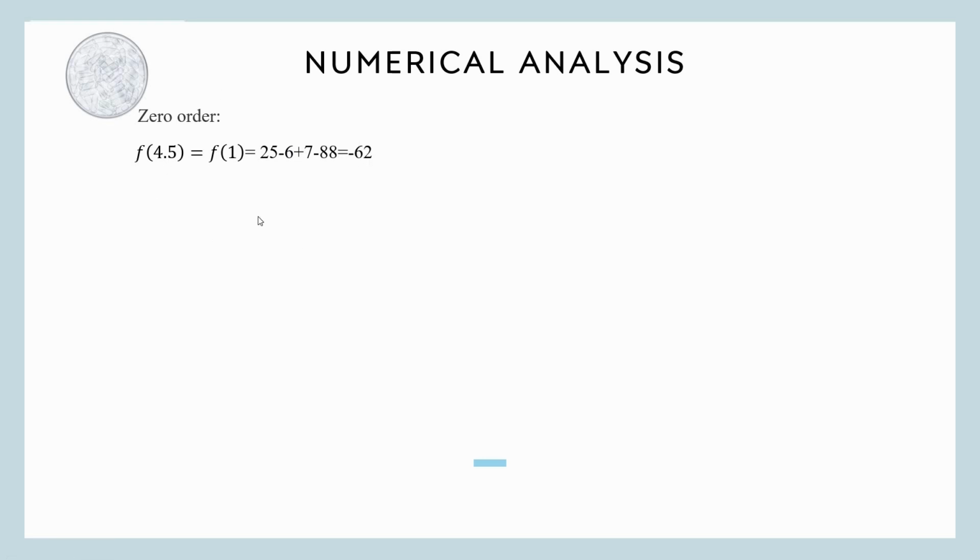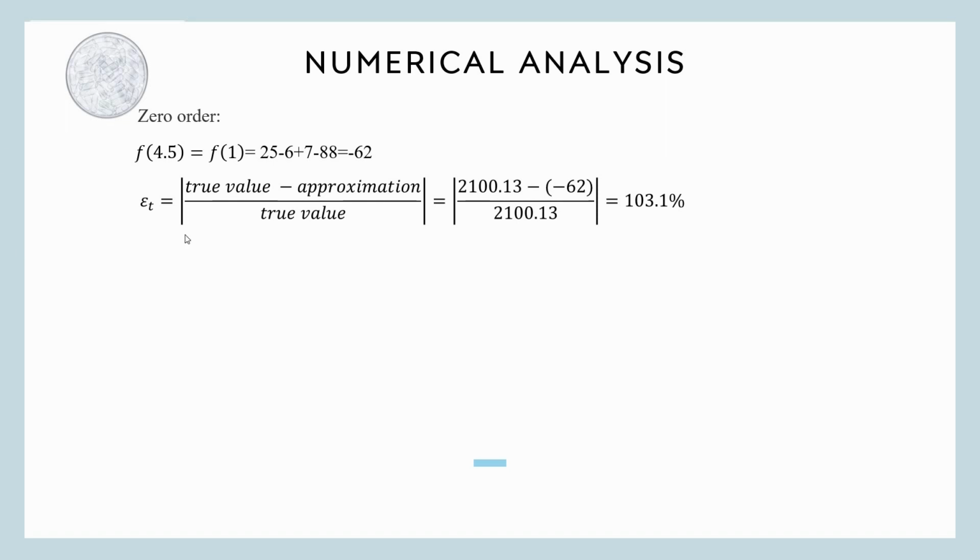Now we can evaluate the relative error. The relative error is the true value subtract the approximation, divided by the true value. As we know, the true value is 2100.13, subtract the approximation of -62, divided by the true value, and we get 103.1.